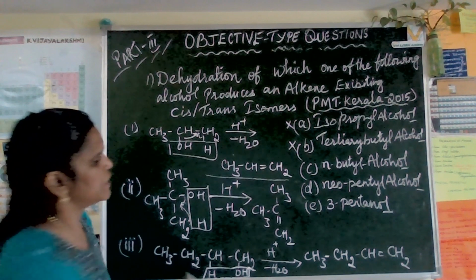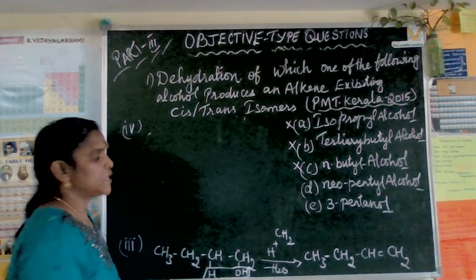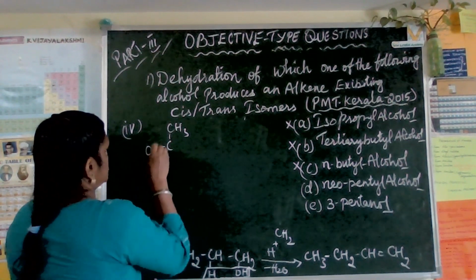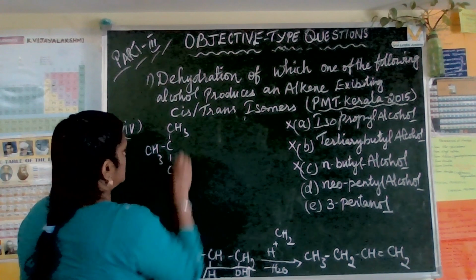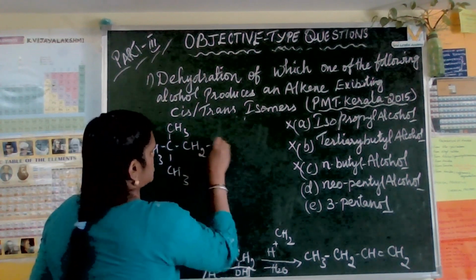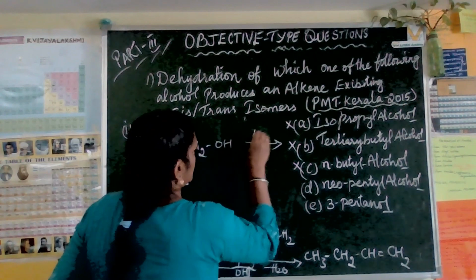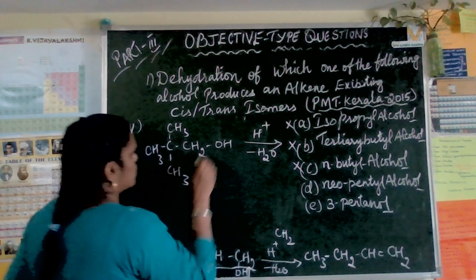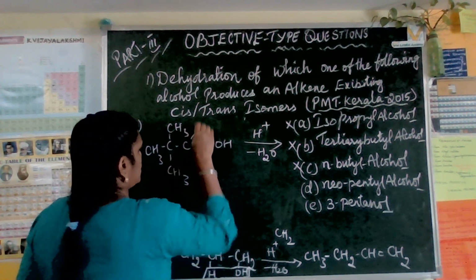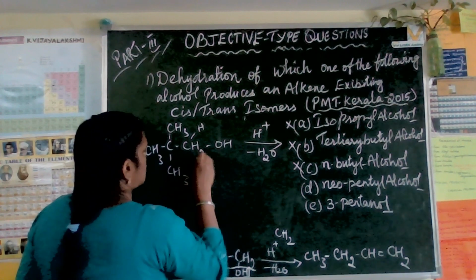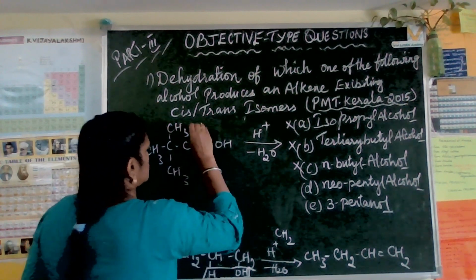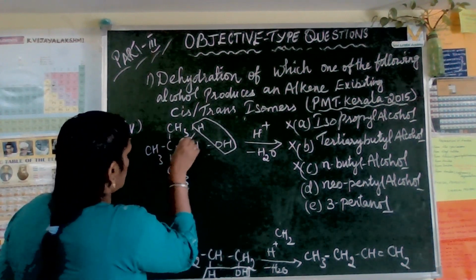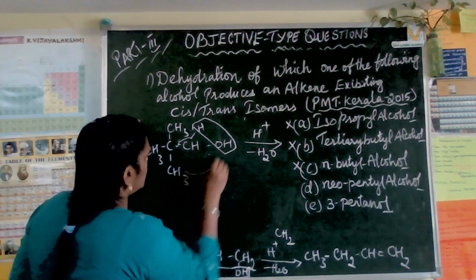Now let us go for the fourth option, neopentyl alcohol: carbon with CH3, CH3, CH3, and CH2OH. It undergoes dehydration and releases water. With a small rearrangement of a hydrogen, the water molecule is released and the bond shifts over here.